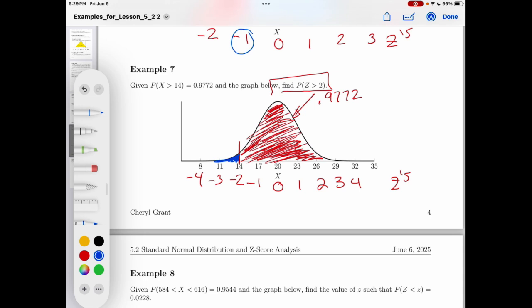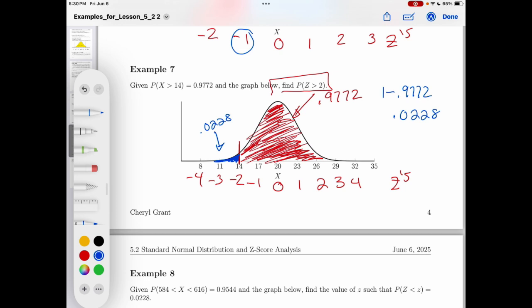So if I take 1 minus 0.9772, that will give me that little shaded blue area there. So that's going to give me 0.0228. So that's this blue shaded area here.